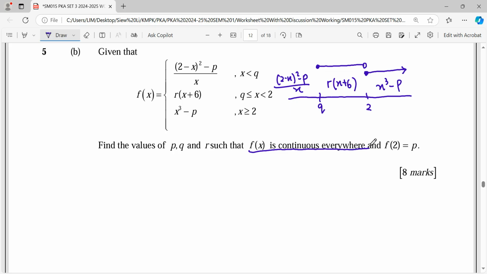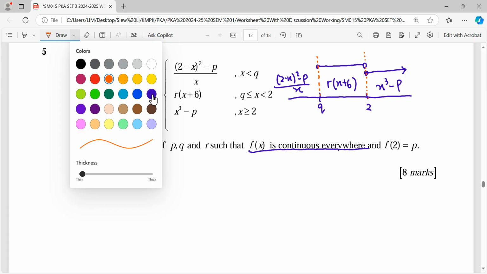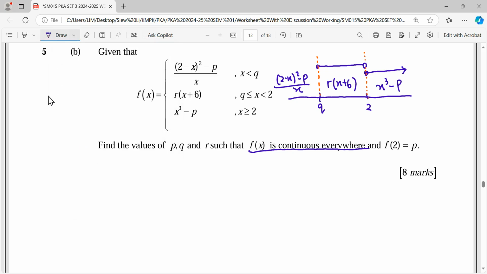So when we are doing the equation, we want to find it continuous everywhere for this point Q. Besides making left equal to right, you must also equal the coordinate. At X equals to 2, besides left and right, we must also equal the coordinate, following the definition of continuous.